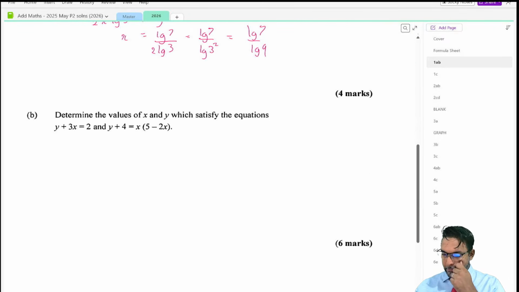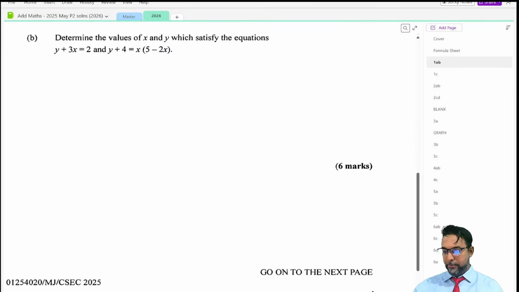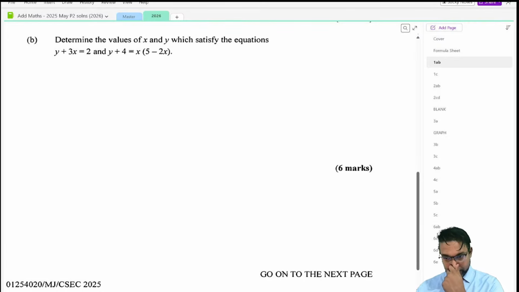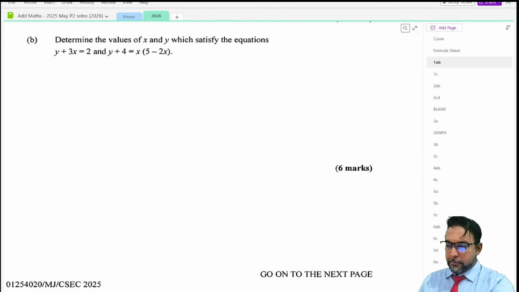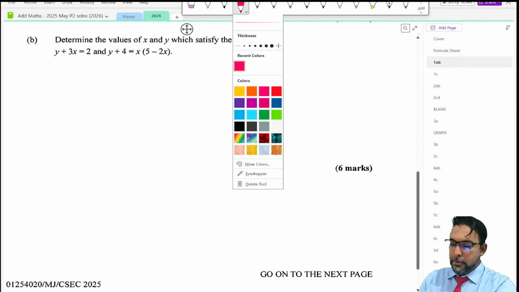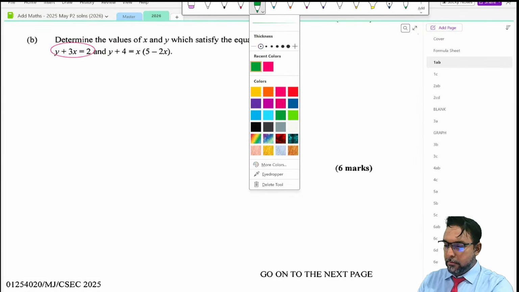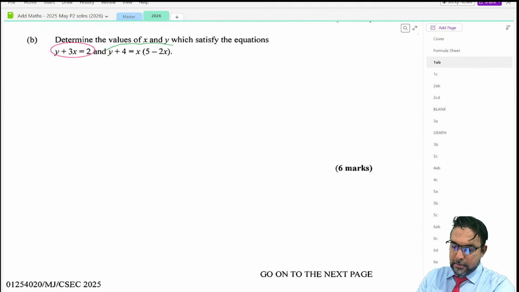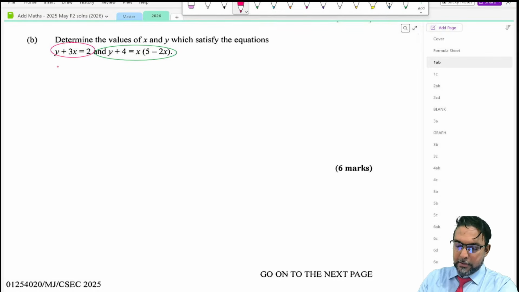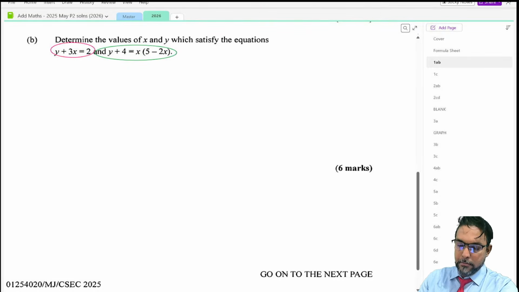All right, part B now. 6 marks, and that's the amount of space they give you. Well, I suppose you could use all below here. Okay. So I have this one, and I have this one. Okay, so from this one here, y is equal to 2 minus 3x.